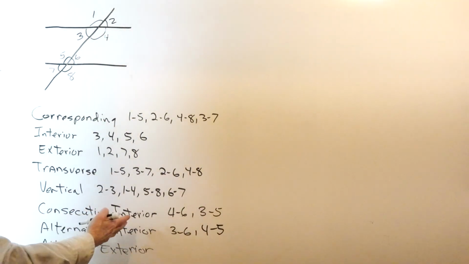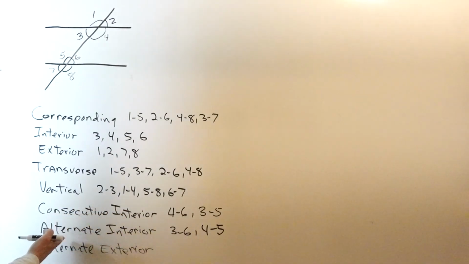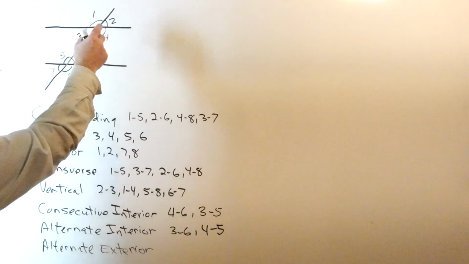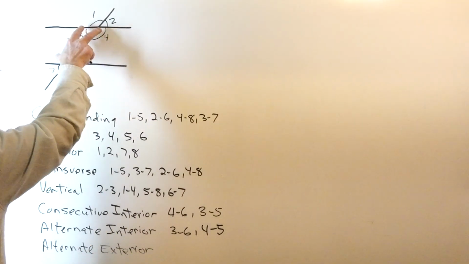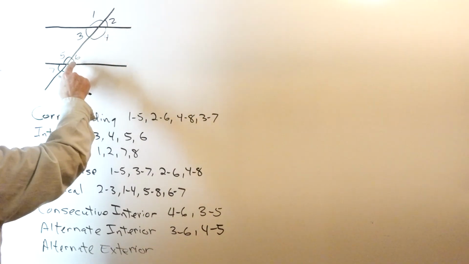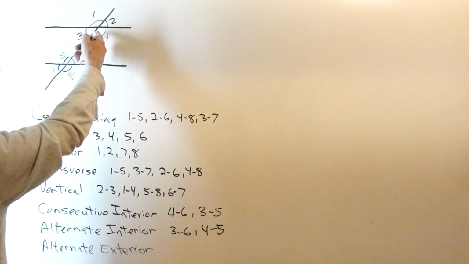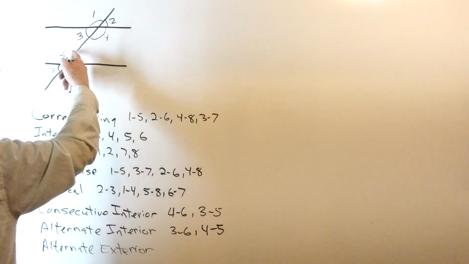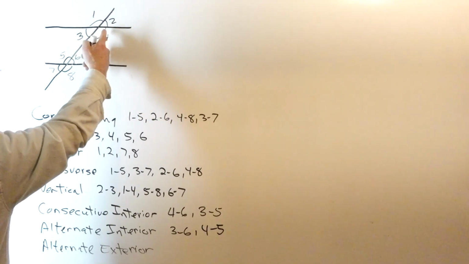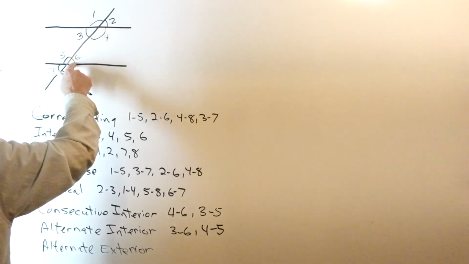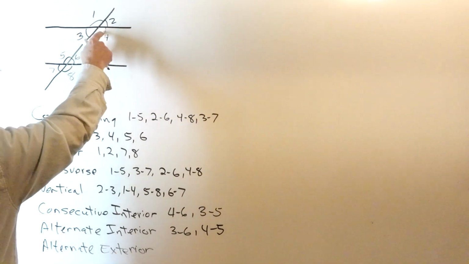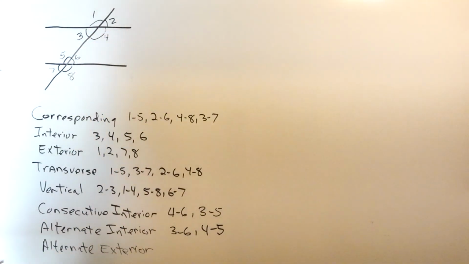So the interior angles, consecutive interior and alternate interior, have to do with the angles on the interior between the two lines, going across the transversal if we're on the alternate, and on the same side of the transversal if it's consecutive interior.